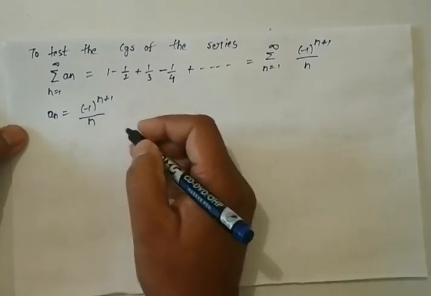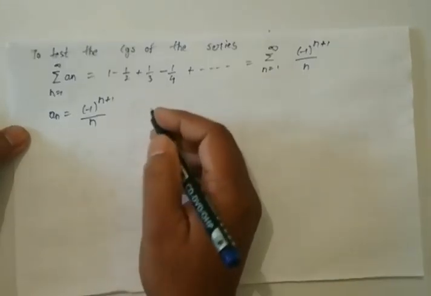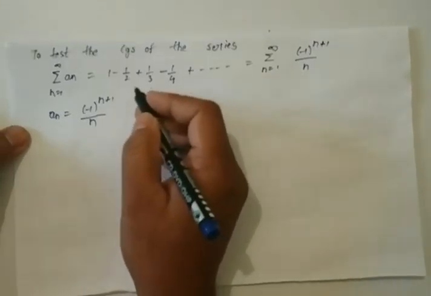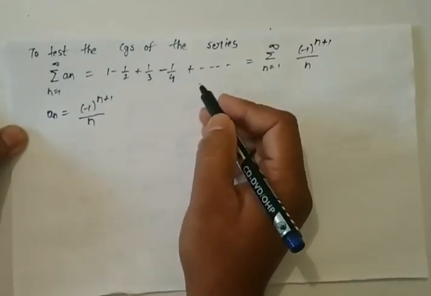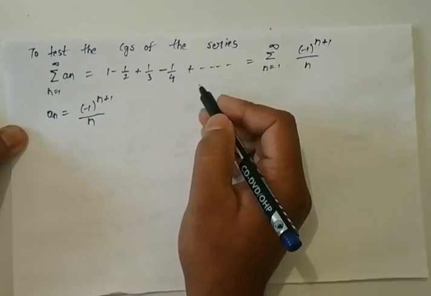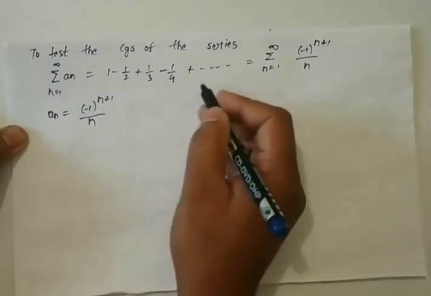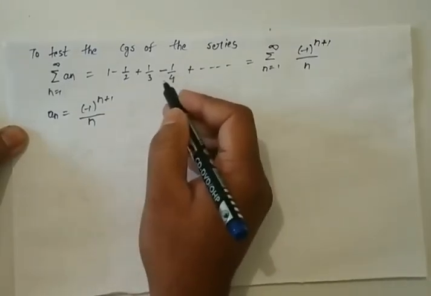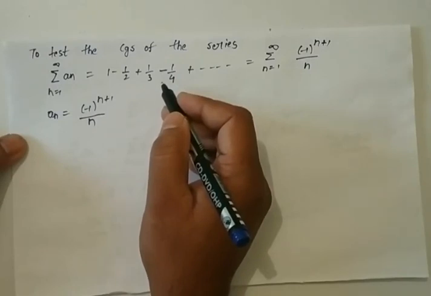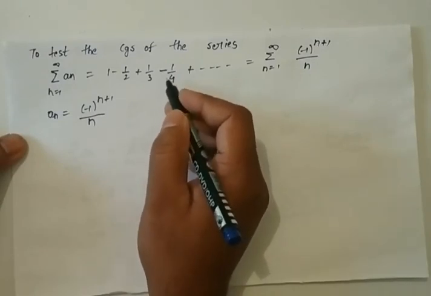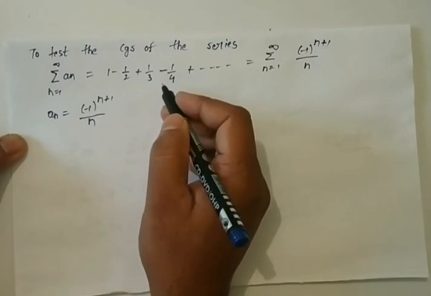You can see that the given series contains alternating plus and minus signs, so the given series is an alternating series, and we can use the alternating series test.